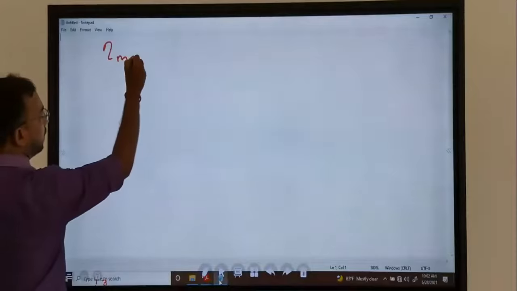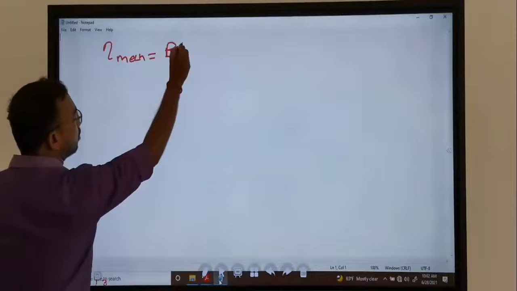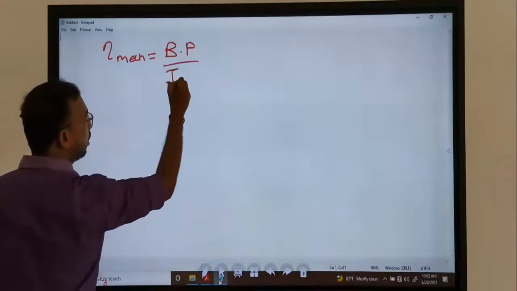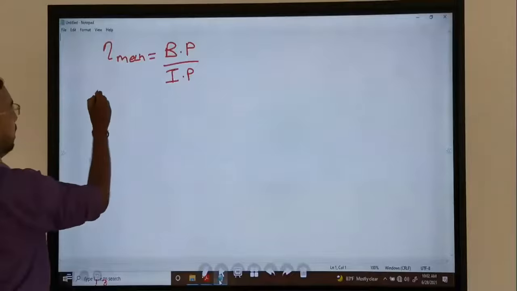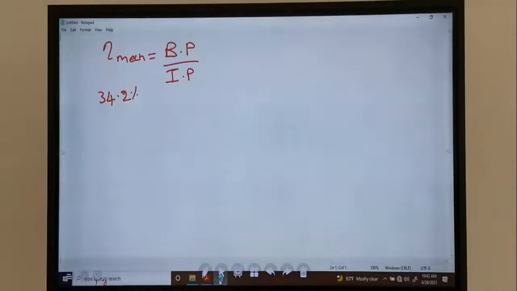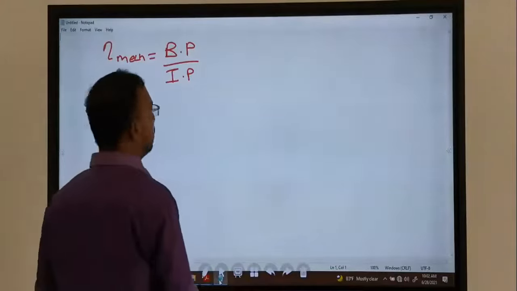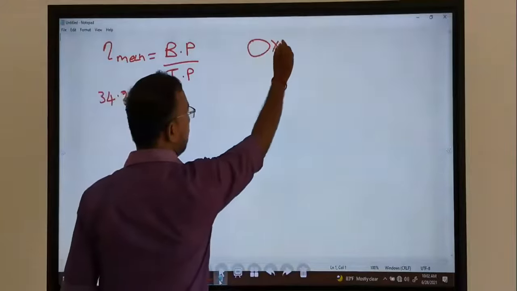So the mechanical efficiency equals BP over IP. But here the mechanical efficiency is given as 34.2%. How does the percentage come? The percentage means multiplying by 100.